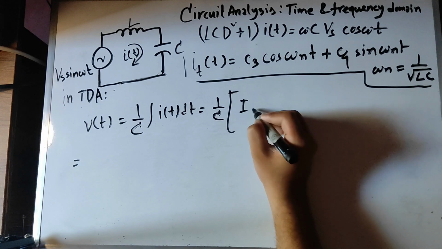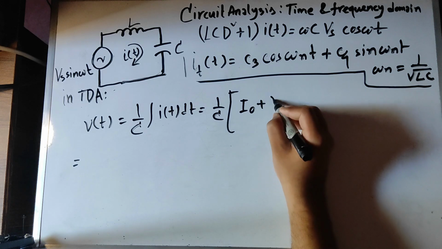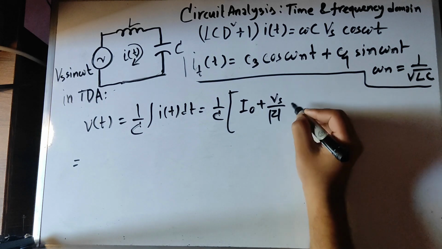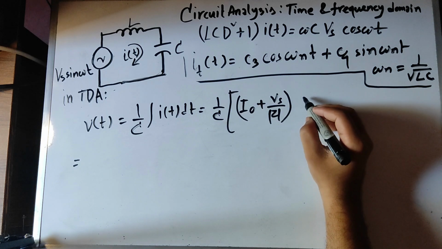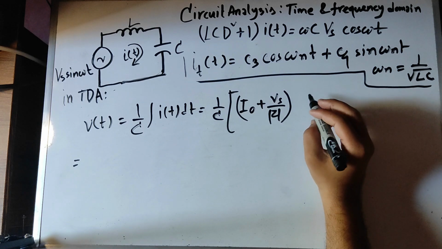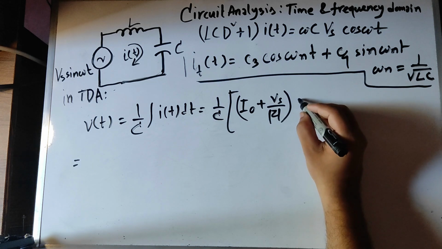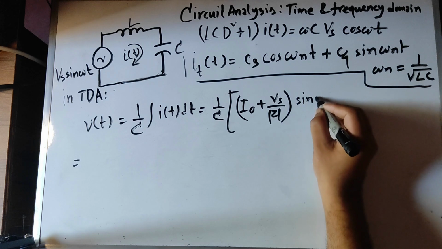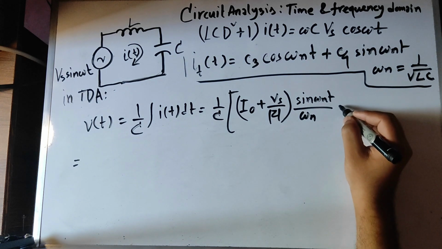Initial current plus Vs by Z, cos omega n t. The integration of cos omega n t is sine omega n t by omega n.